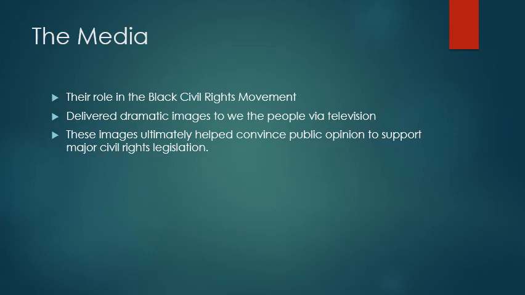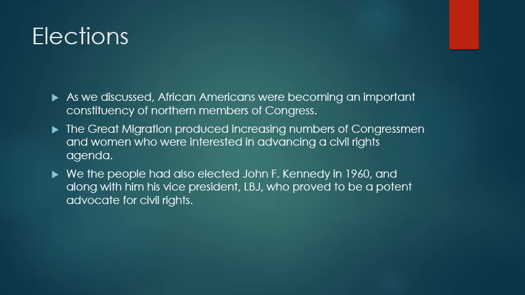Once these images were viewed by we the people, that began to move public opinion in favor of the Black Civil Rights Movement, in favor of ultimately passage of the Civil Rights Act of '64 and the Voting Rights Act of '65. So to better understand this moment in time in American politics, one must take into account the role of the media. It matters a very great deal in terms of understanding what goes on in politics. That is certainly the case here.